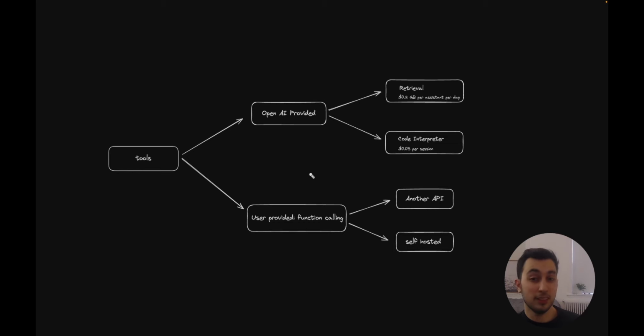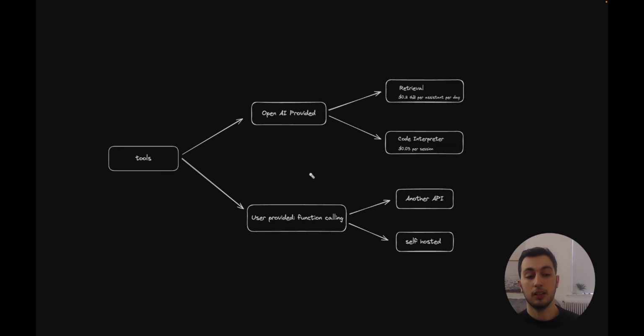I'm not sure if they bill you for that anyway, but right now you get charged $0.2 per gigabyte per day when you use the retrieval for every file that you include. And second, you have the code interpreter, which is charged at $0.03 per session. So every time, I believe, ChatGPT tries to use the code interpreter, you pay that amount.